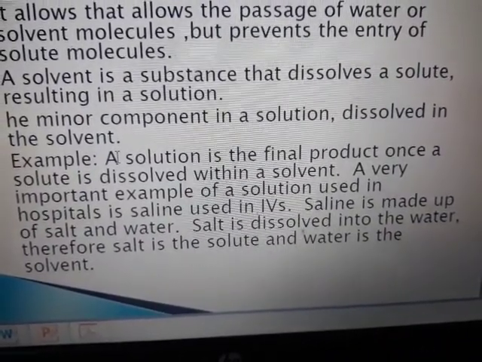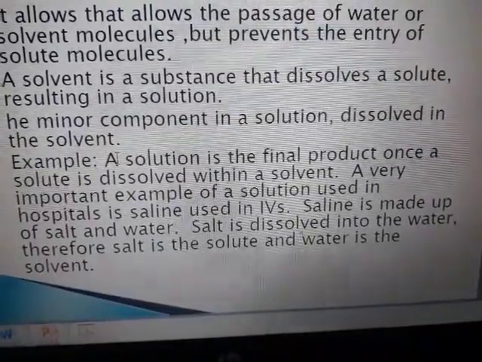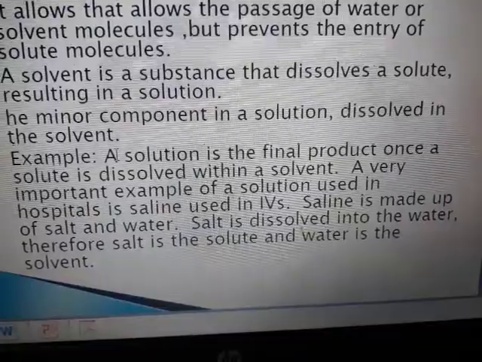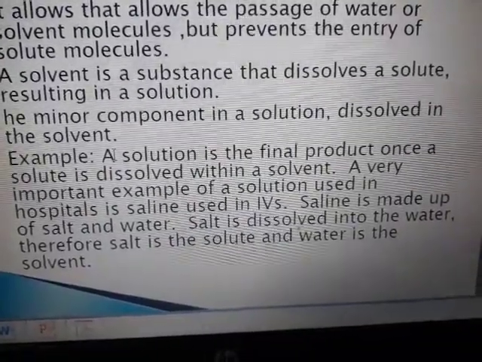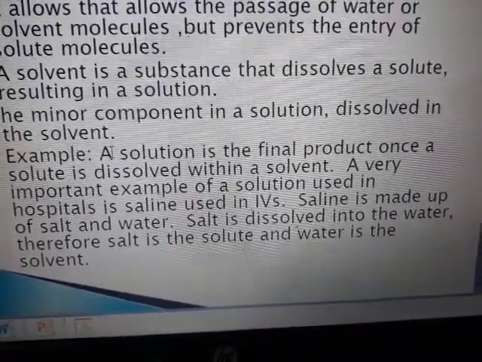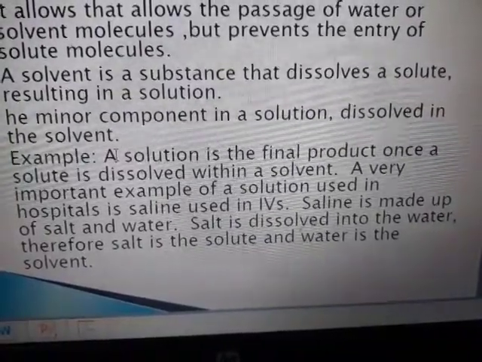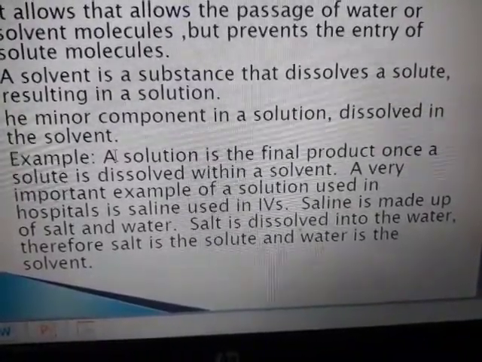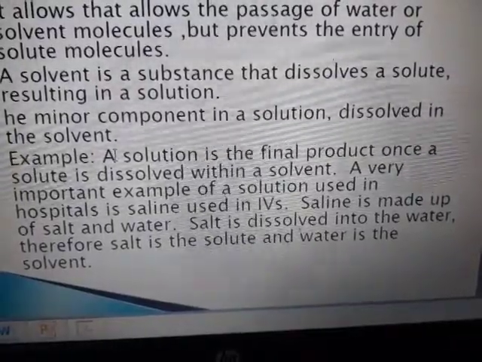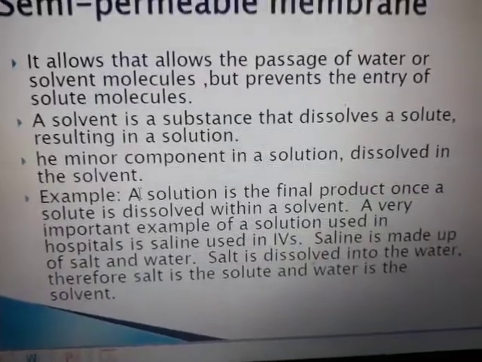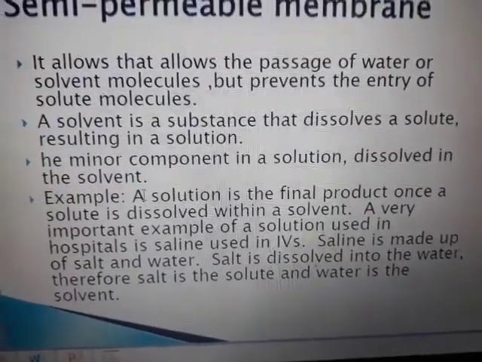Understand? Here salt is a solute. In simpler ways, suppose you take a glass of water and you add sugar. Water is your solvent, sugar is your solute, and whatever glucose water you get is going to be the solution. Understand? So that's the difference between solute, solvent and solution.